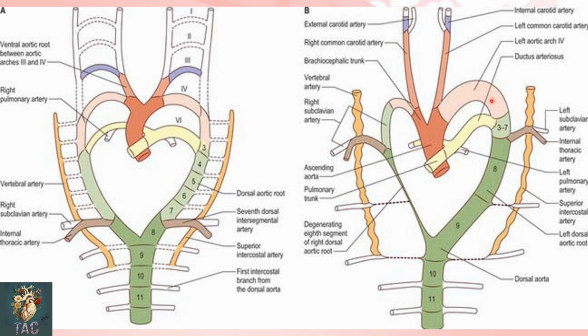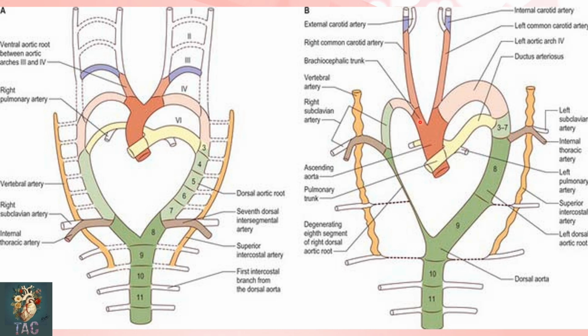Both the derivatives of the fourth arch and the sixth arch are different on both sides. On the right side they have different derivatives, on the left side they have different derivatives. So on the left side, the fourth aortic arch is forming part of the arch of aorta between the origin of the common carotid and the subclavian artery.